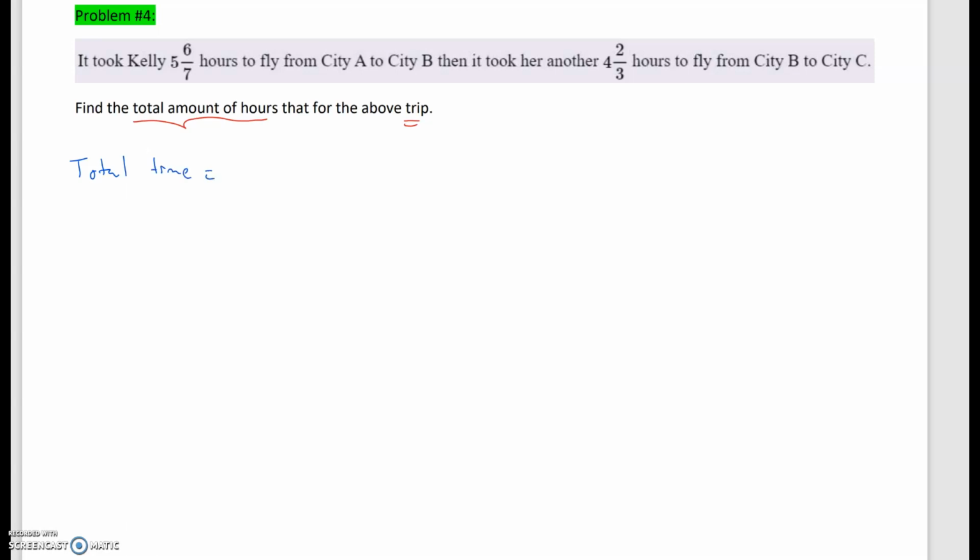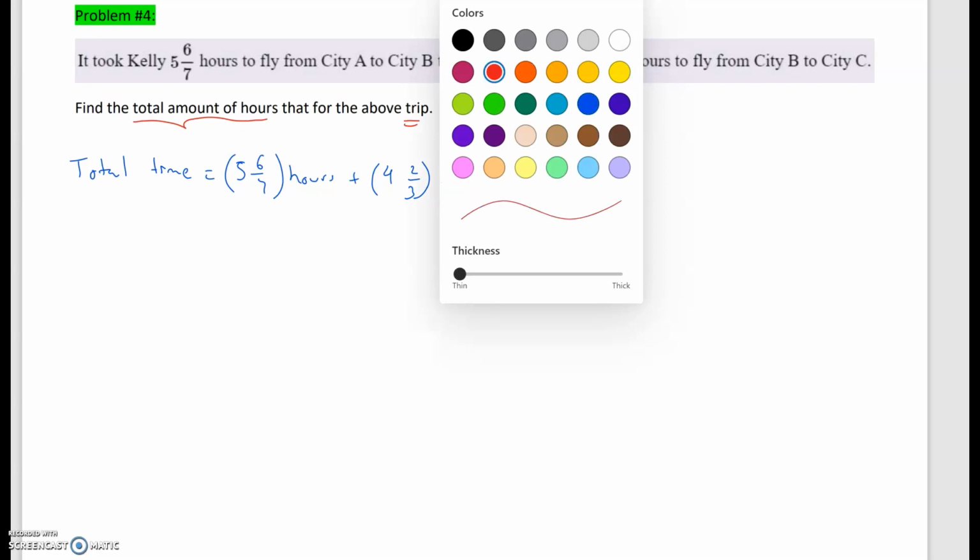is going to be equal to technically 5 and 6/7 hours, plus 4 and 2/3 of hours as well for the second trip, or the second plane actually.